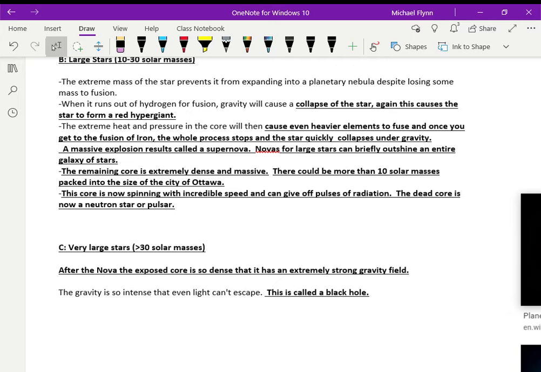Now, here's the deal. The core is still there. After the supernova is done, the core is still there, but it's so heavy that gravity compacts it into a really small space. These are really strange objects, the exposed cores of supermassive stars.